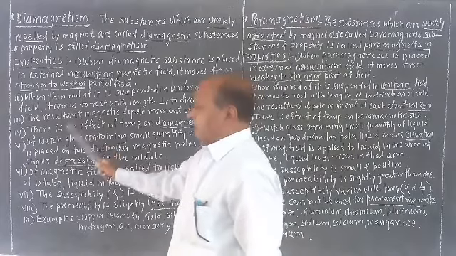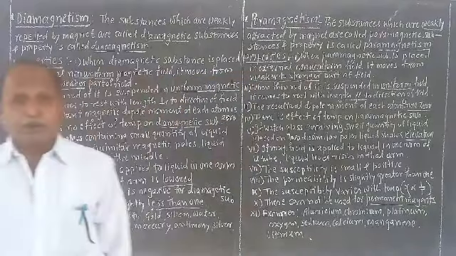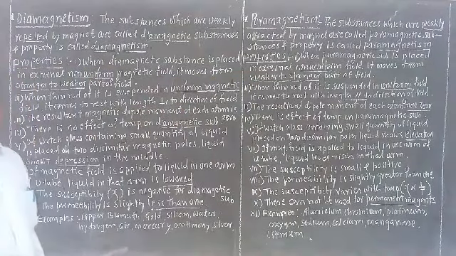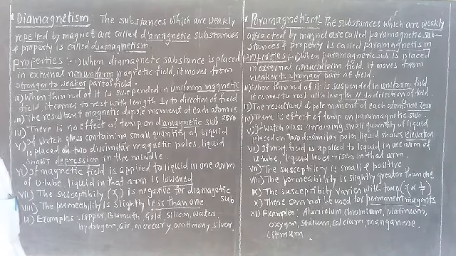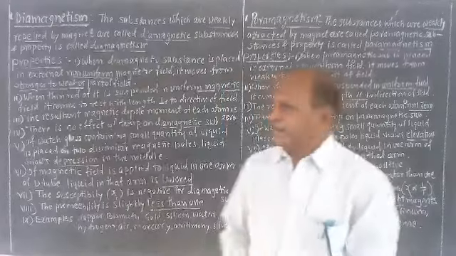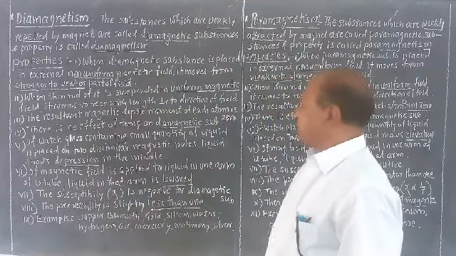Third, the resultant dipole moment of each atom of a diamagnetic substance is zero. Next, there is no effect of temperature on a diamagnetic substance.